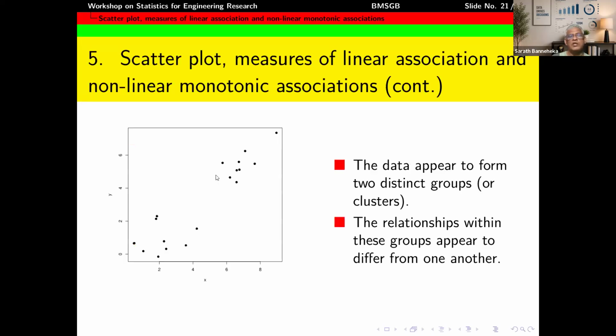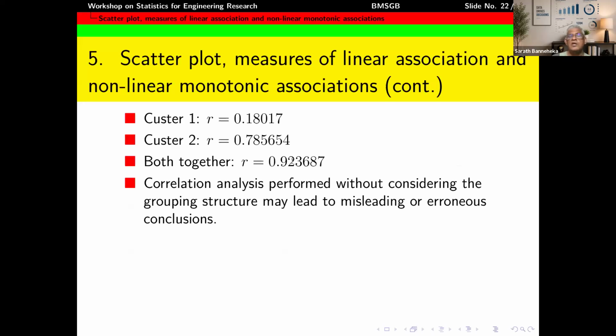Actually, what you have is two groups. Within the first group, there is almost no relationship, linear or otherwise. In the second, there is a linear relationship, right? So if you didn't look at this graph, you would directly calculate this quantity and interpret it as having a very strong positive linear relationship, which is meaningless, actually, in this case.